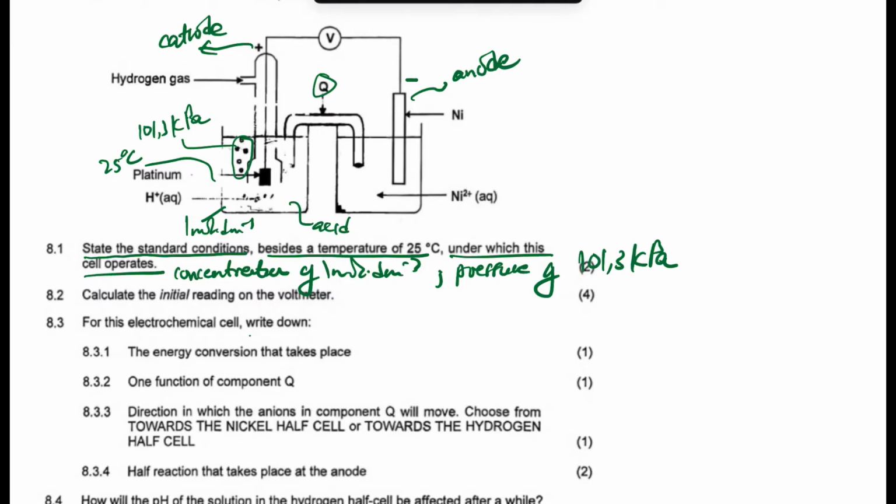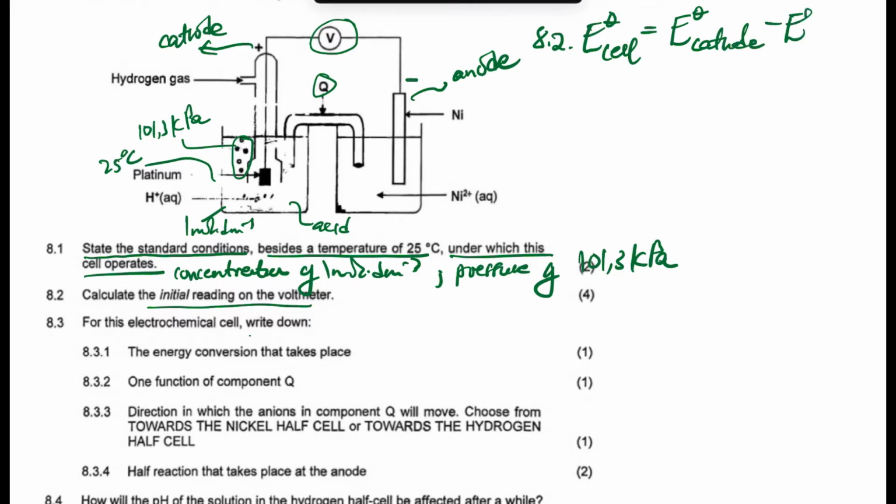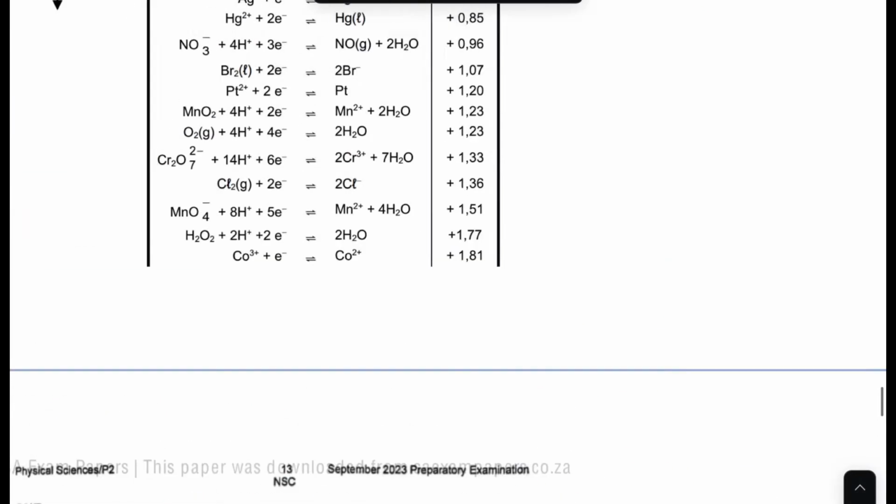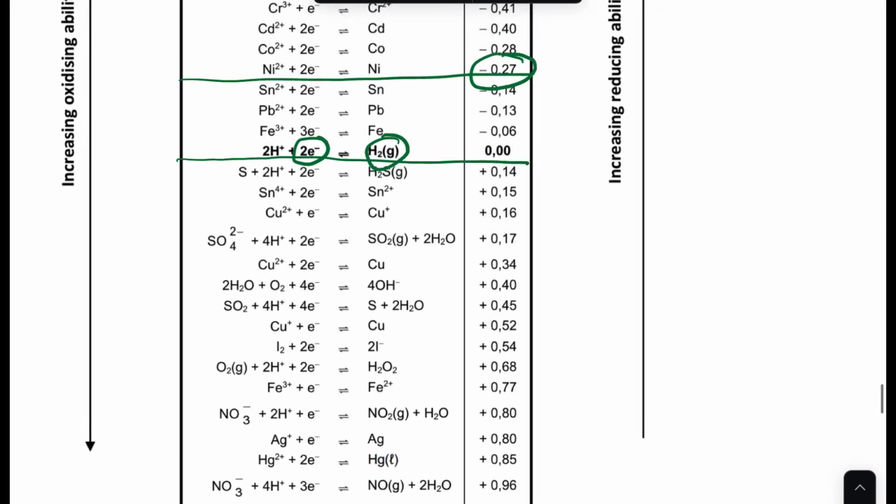Now 8.2 says calculate the initial reading of this voltmeter. So E cell is equal to the cathode minus the anode. If you look in the table there, we have hydrogen and nickel.